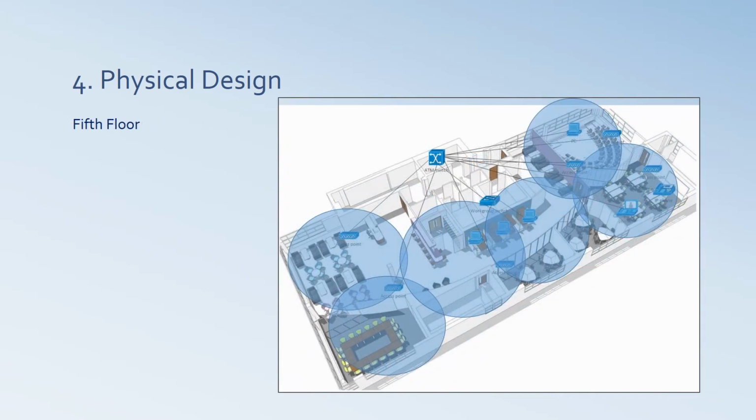The fifth floor again has a network hall. It has various seminar rooms, and these seminar rooms are provided with IP phones and video streaming capabilities. And then we have 5 access points that cover the entire wireless requirements for the fifth floor.